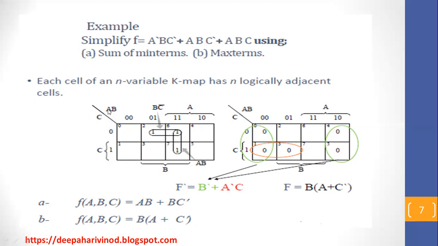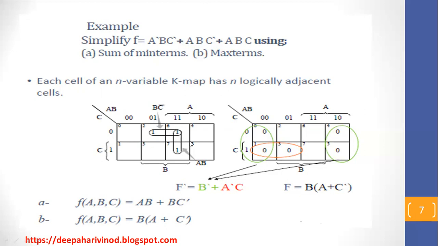So it is A bar B and C bar, so this one. Next is AB. AB means this column and C bar means this row. This one. Next is ABC. That is this column and this row. So it is one here.